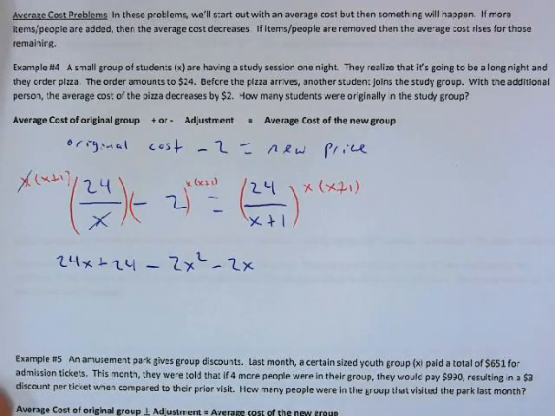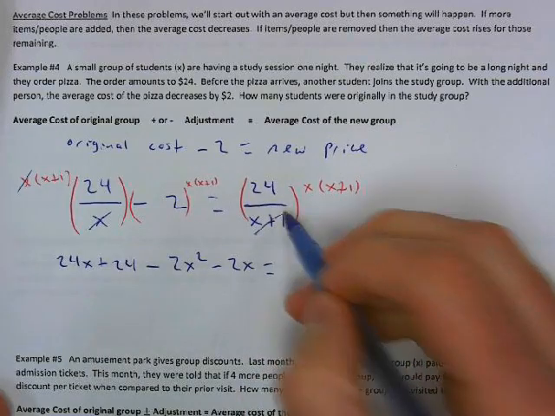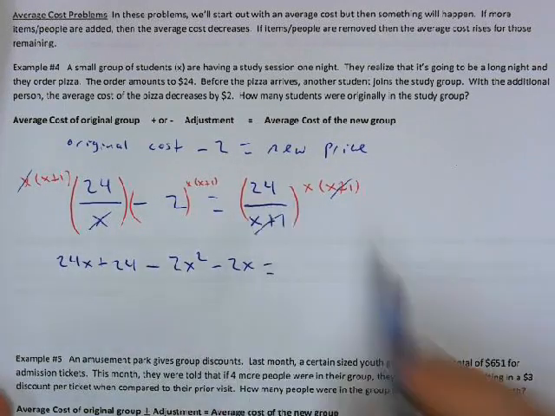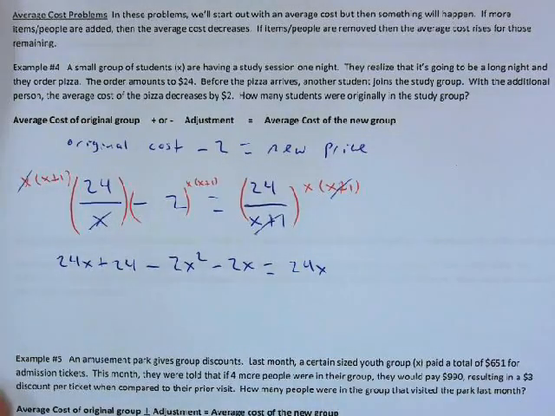Don't forget we're distributing a negative 2 there. Next, equals, the X plus 1s are going to cancel over here, and we get 24 times X, it's just 24X. Okay, so there is our problem.